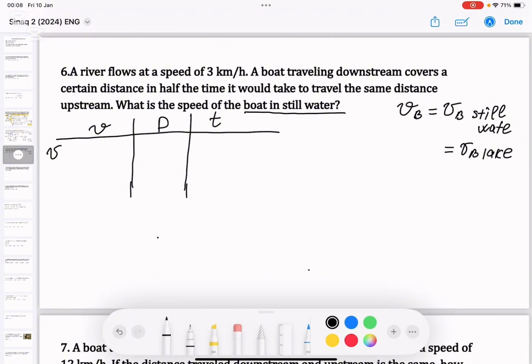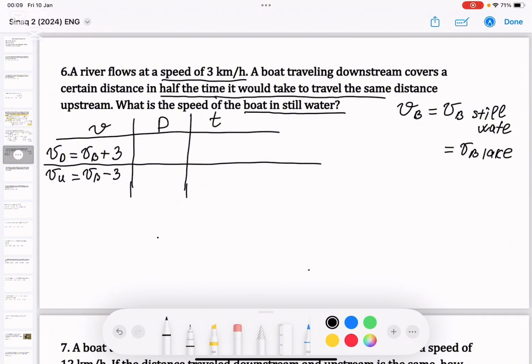So speed of the boat traveling downstream would be speed of the boat plus the current, or the speed of the flow. In this case, it would be 3. When you're traveling upstream, it's going to be speed of the boat minus speed of the current, because you go against the river.